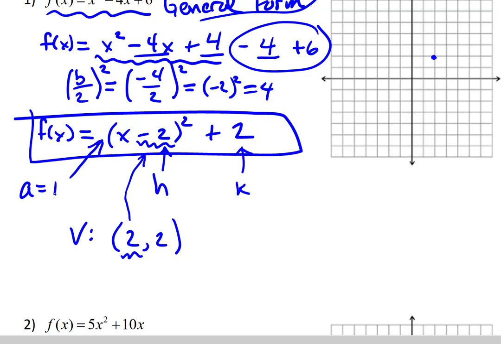If a is positive, that means this parabola is opening upward. So let's just make a little note here. A is positive, which means we're expecting an upward opening parabola. We know the vertex is 2, 2, so now we'll just go ahead and follow the rest of our steps, which is to find another point surrounding it.